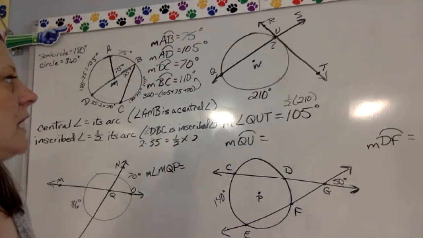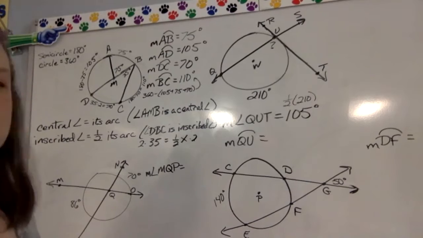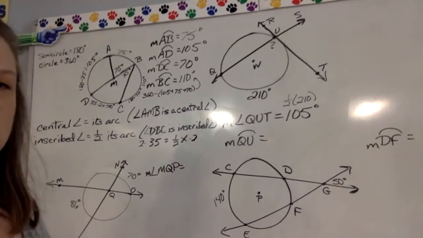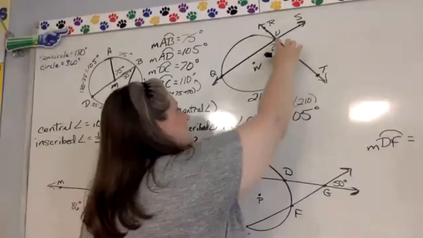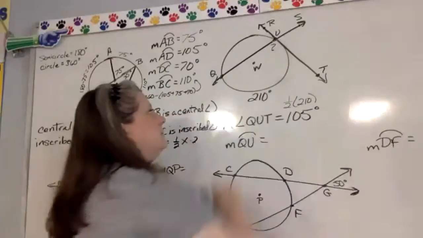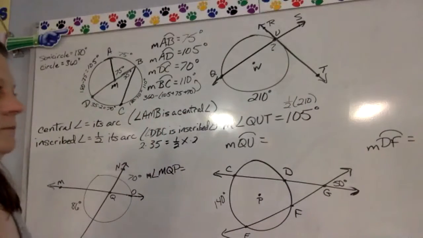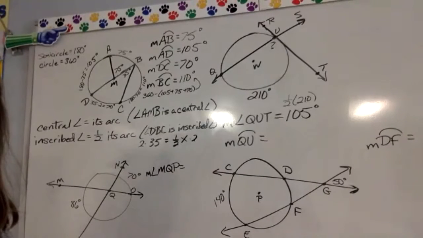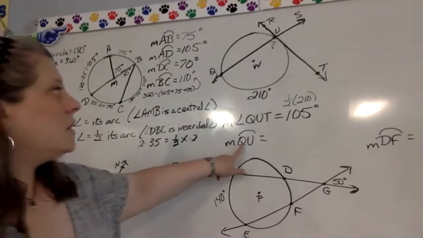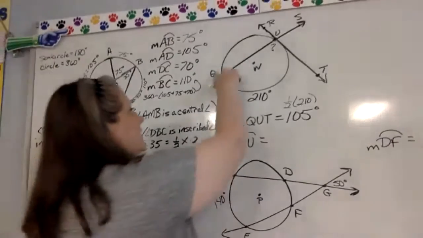So we found angle QUT because it was still in a type of an inscribed angle. It's equal to half of its arc. The arc from here to here is 210, so half of 210 was 105. Now to find the measure of arc QU, which is from here to here.